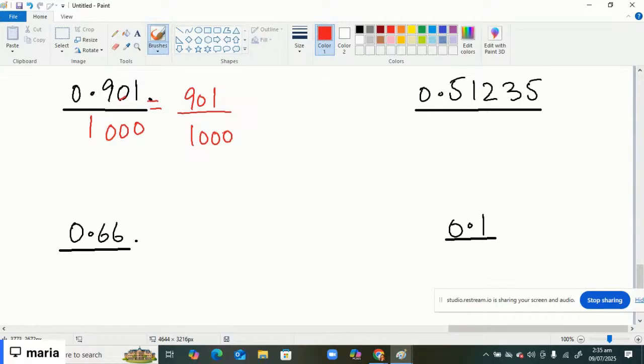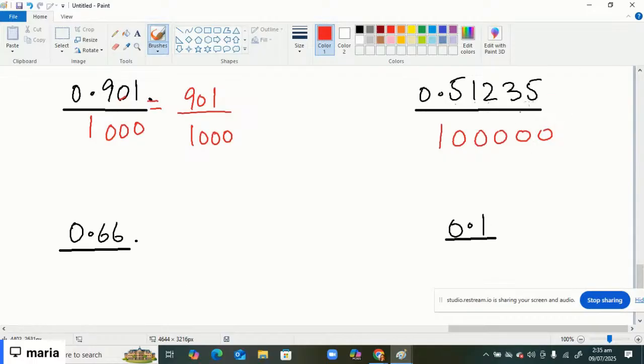You are just putting the 1 in place of the point and then placing zeros after it. Like in this way, I am just placing 1 and then one, two, three, four, five zeros. 1, 2, 3, 4, and 5.